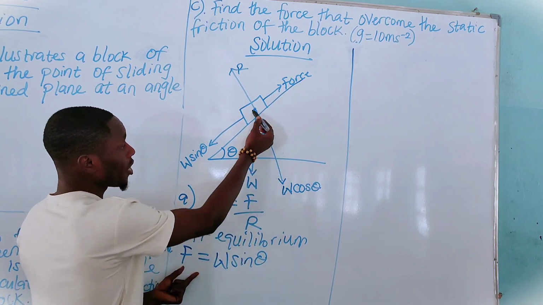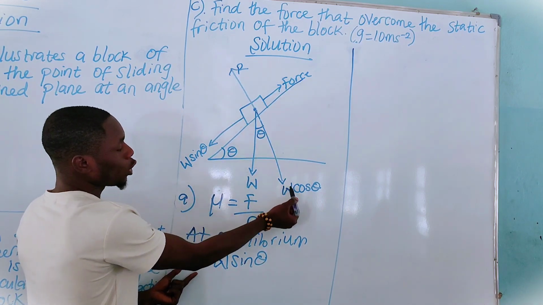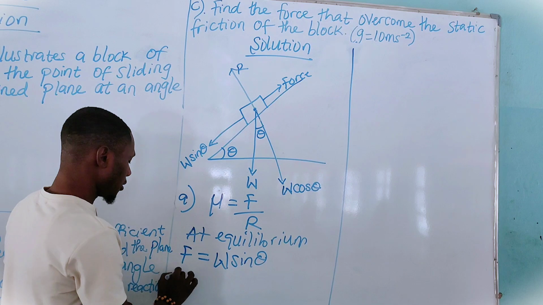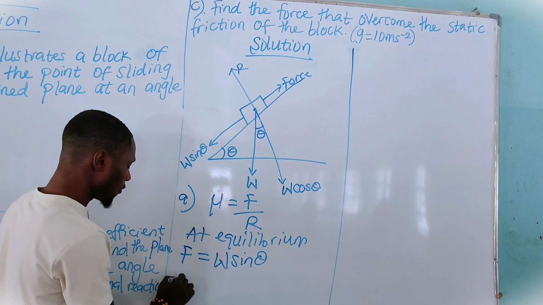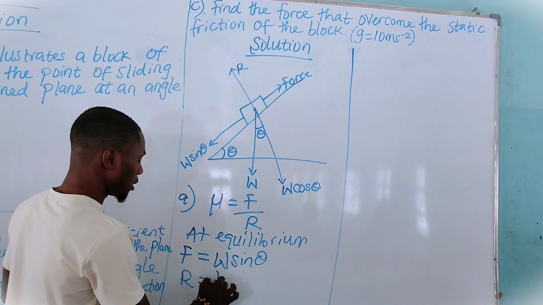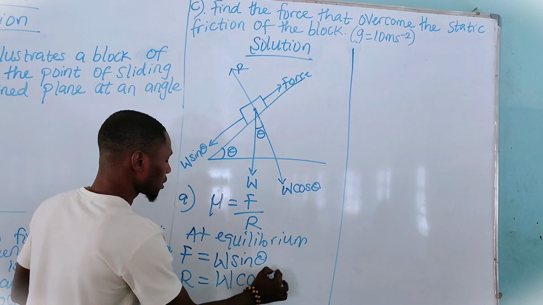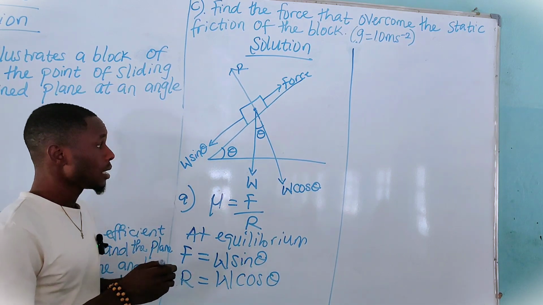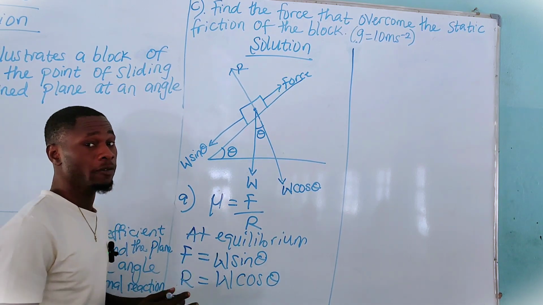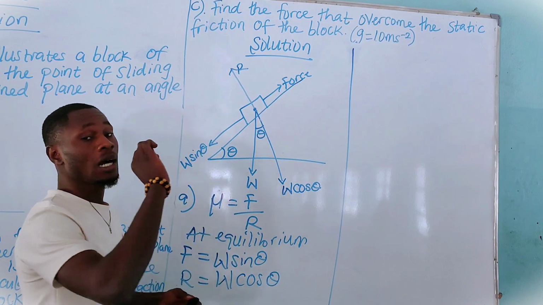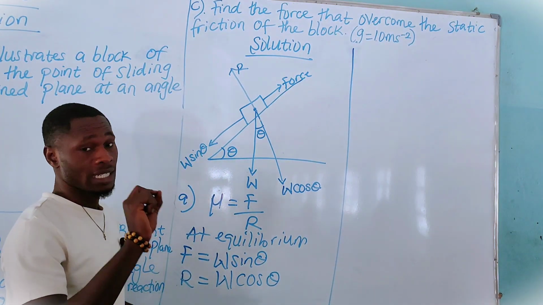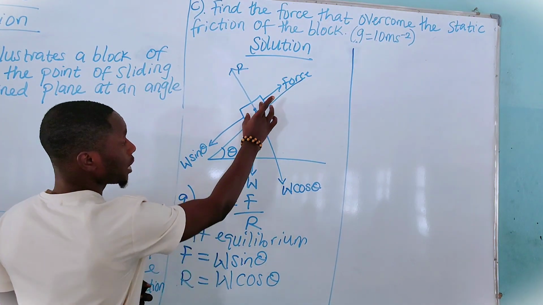And similarly, the normal reaction is equal to the horizontal component of the weight, which is W cos theta. Now remember that this is only true if the body is just at the point of sliding down, or the body is at equilibrium.